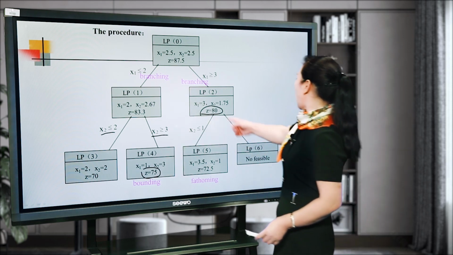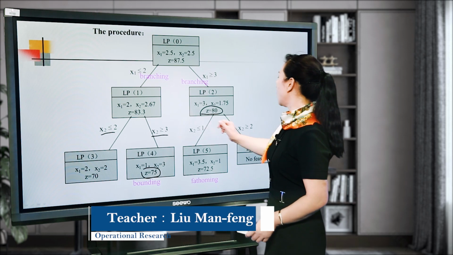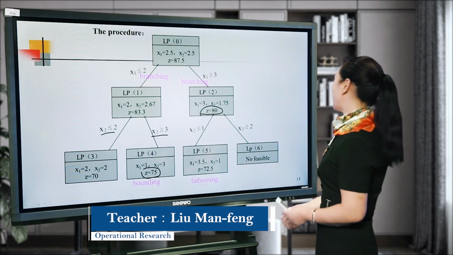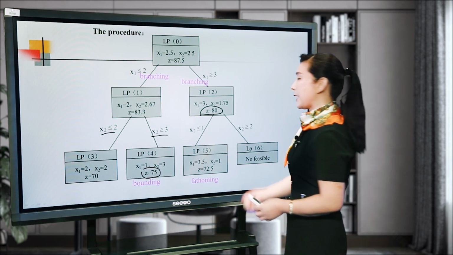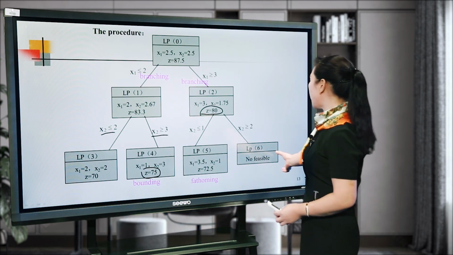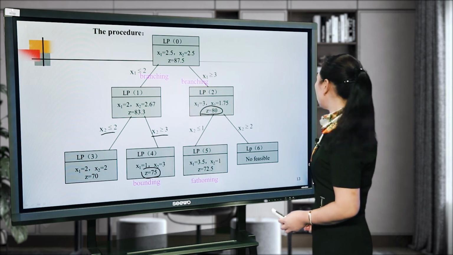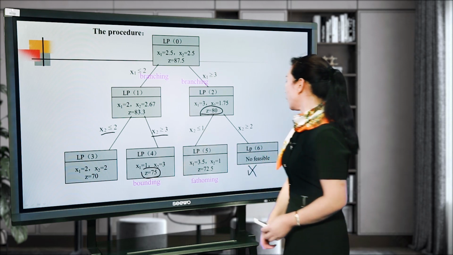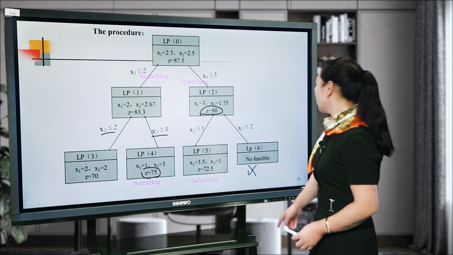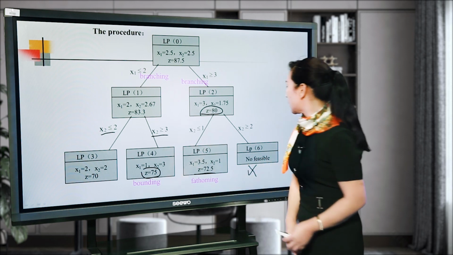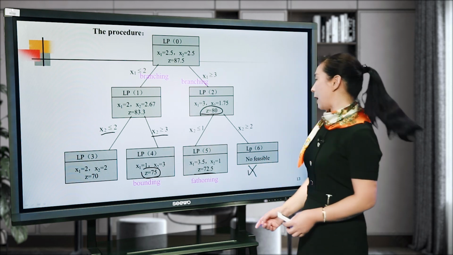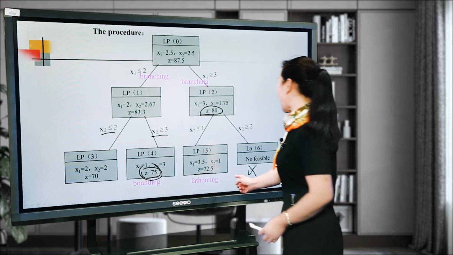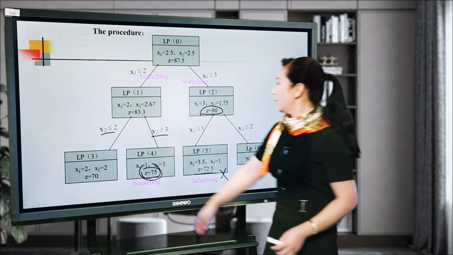We set x2 less than or equal to 1, and x2 greater than or equal to 2. We get two subprograms, LP5 and LP6. LP6 has no feasible solution, so we cut this branch. On LP5, we get an objective value less than the bounding value, so we cut this branch too.